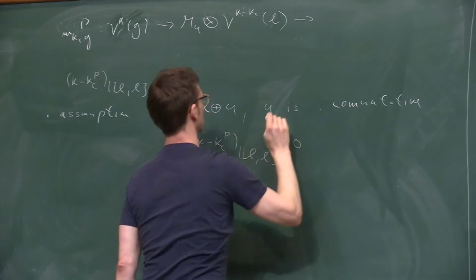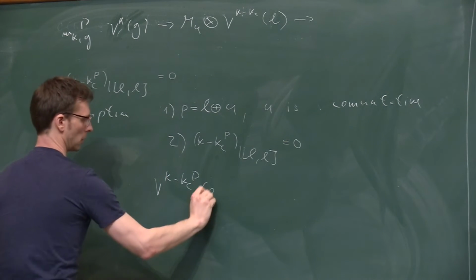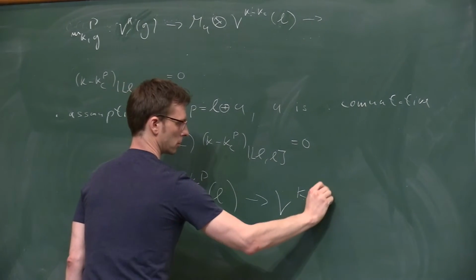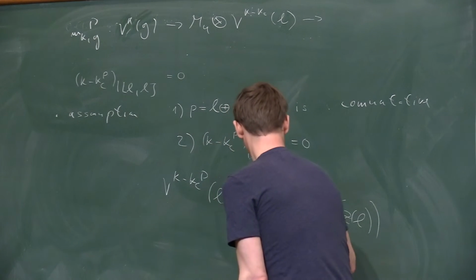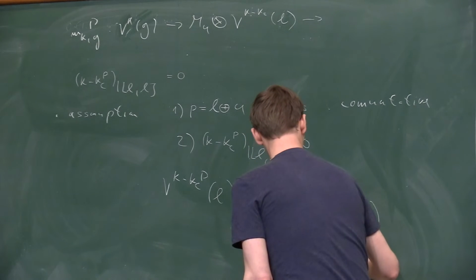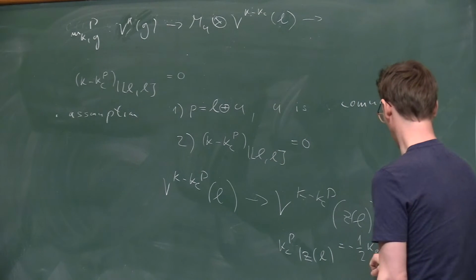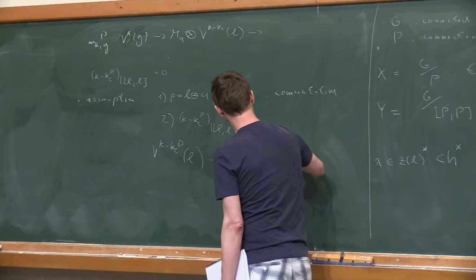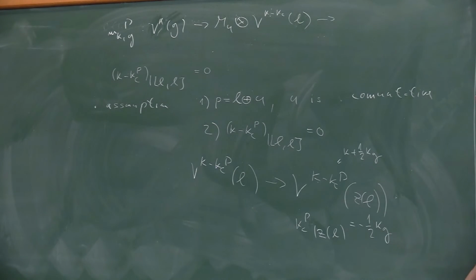So I will have a mapping going from the center, and this critical level, if I restrict to the center, is just minus 1/2 of the Cartan-Killing form. So in fact this is k plus 1/2 of k_g.